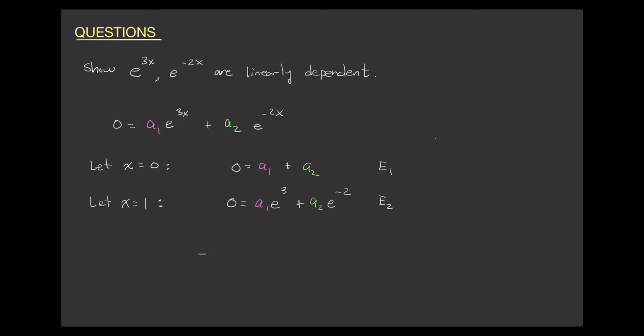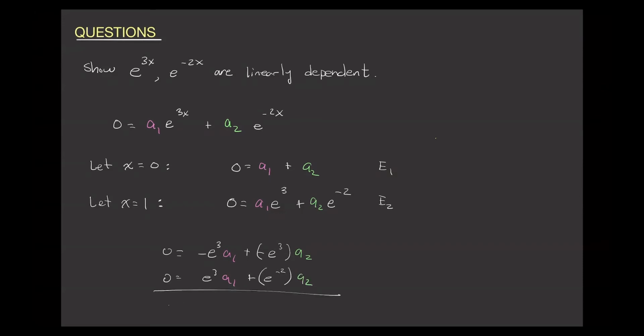So we get negative e cubed A1 plus negative e cubed A2. And then we add that to e cubed A1 plus e to the negative 2 A2.